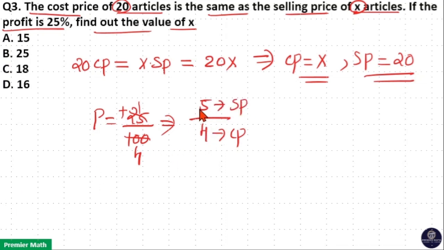Now you can see here 5 part is given to us, that is selling price is given as 20. Now this 5 part is equal to 20, which means 1 part is equal to 4. Then cost price is here 4 part. 4 part is equal to 4 into 4, 16 rupees. So option D is your answer.